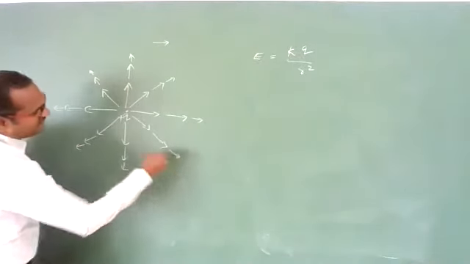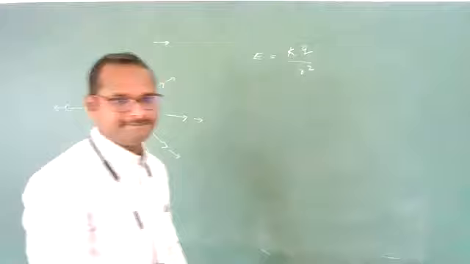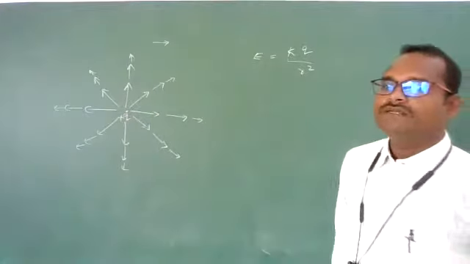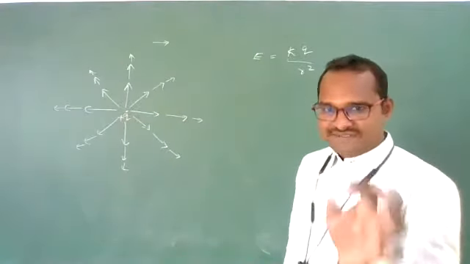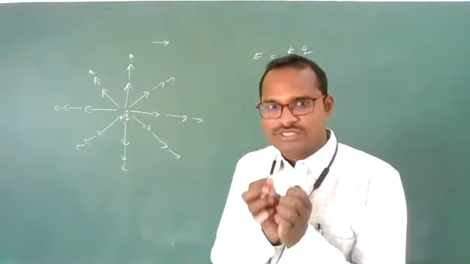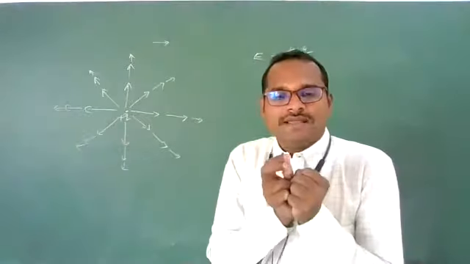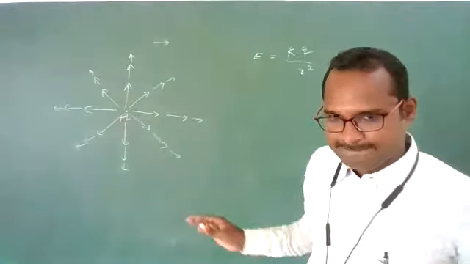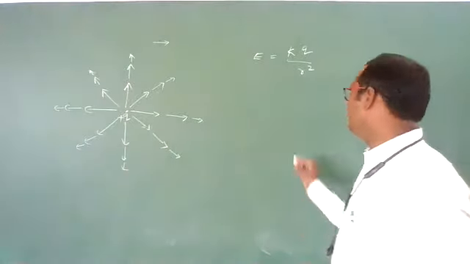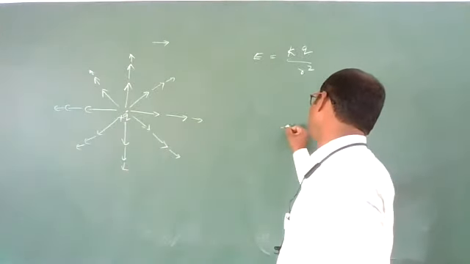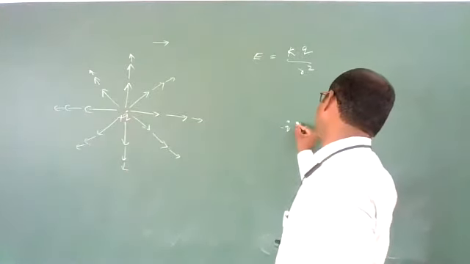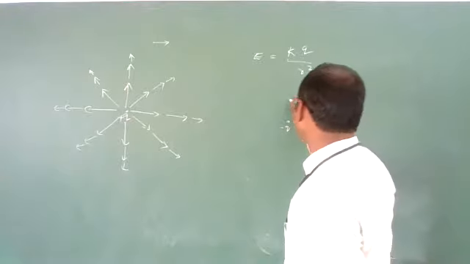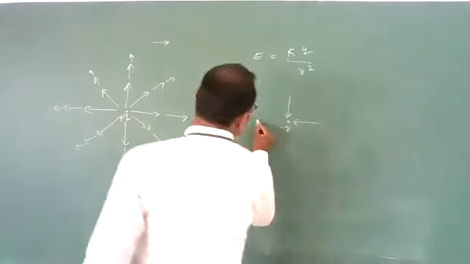So graphically, the electric field is represented like this. You need to remember one point: electric field always starts from a positive charge. It points radially outward in all directions. For a negative charge Q, the electric field is represented like this, towards the negative charge.